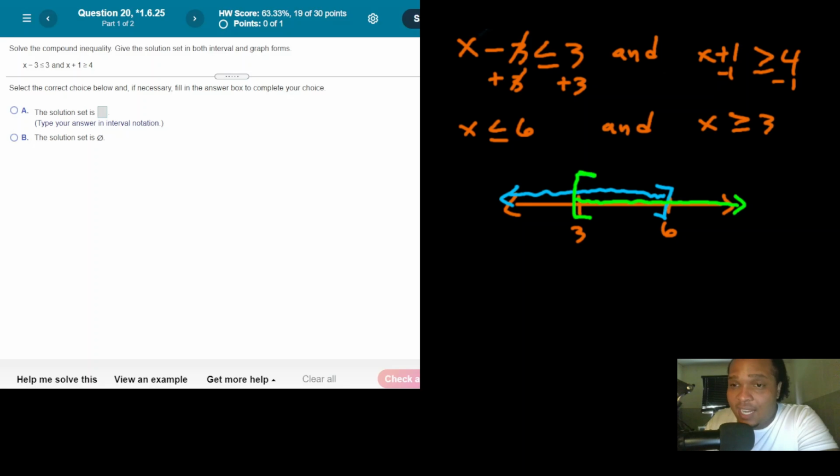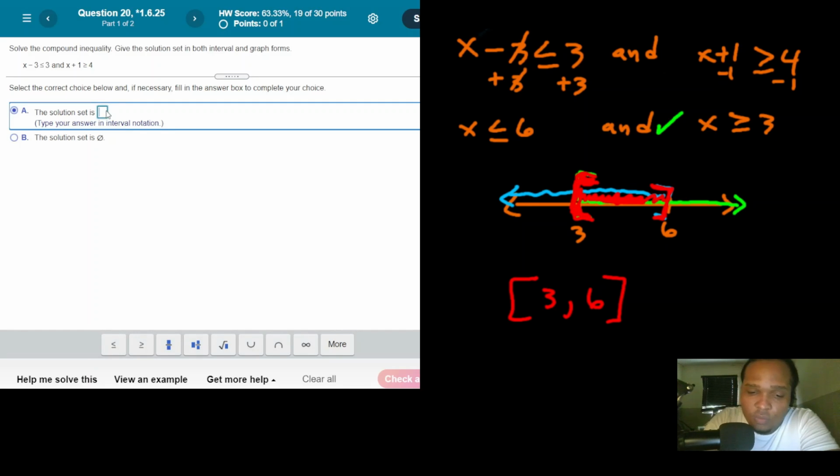Now, this is an and problem. So we only include where they both meet, where the two shaded regions meet, the intersection. And where is that? That is between positive 3 and 6. So 3 and 6, both with brackets. So any number you plug in, including 3 and 6, would make this equation true.